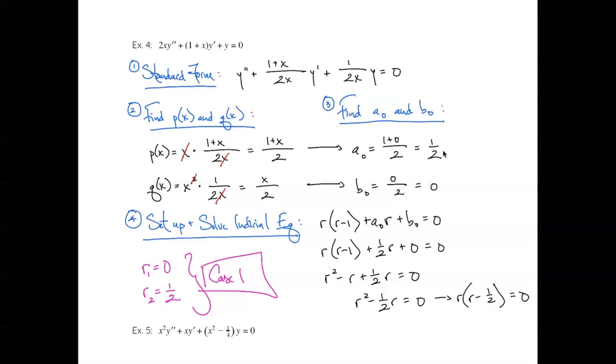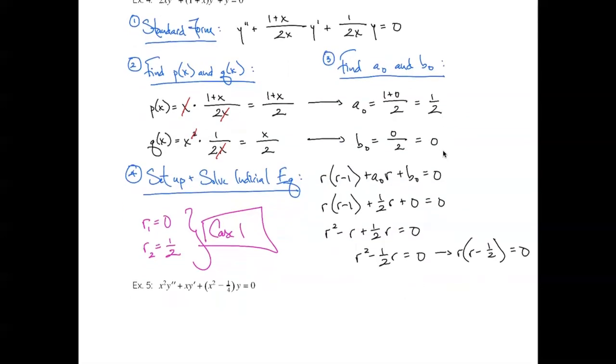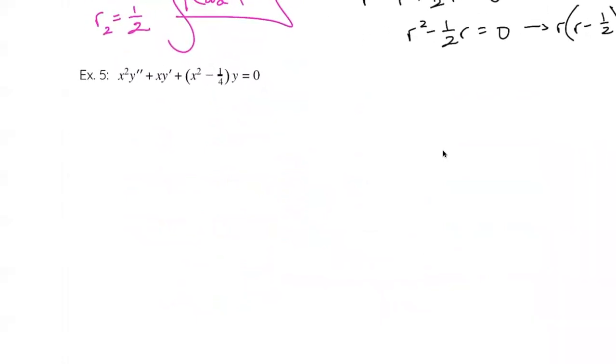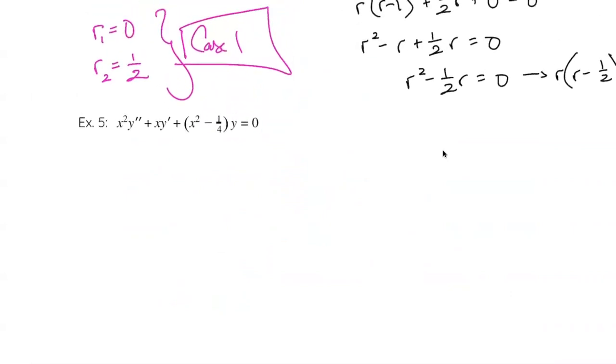All right, well, we've got one last question here for us today, okay? And this one, just like the previous one, is going to be a situation where we're trying to say how many solutions there are and what type they are. Case 1, case 2, or case 3, okay? And so we begin like we started the other ones, which is turn something into standard form.